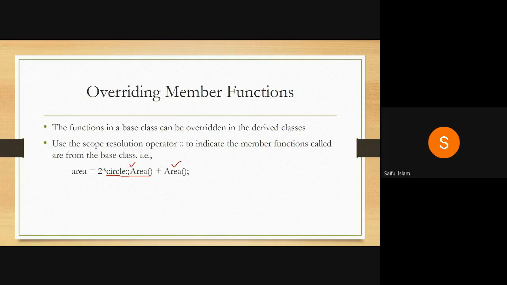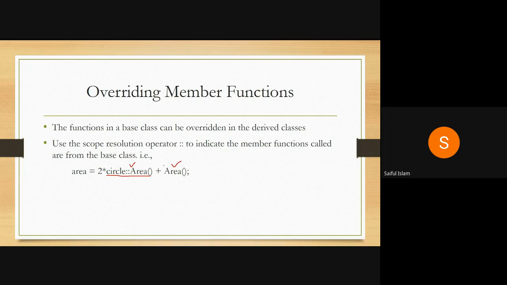So here I am using two different functions with exactly the same signature, but informing the compiler that this one is present in a derived class and this one is present in a base class. So these are two different instances of the same function. The function is named the same, but one is associated with the derived class and another is associated with the base class.